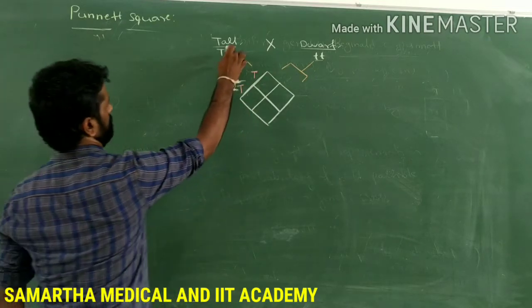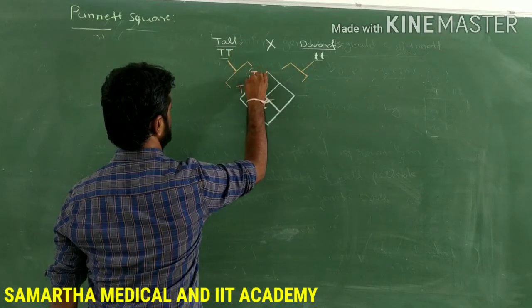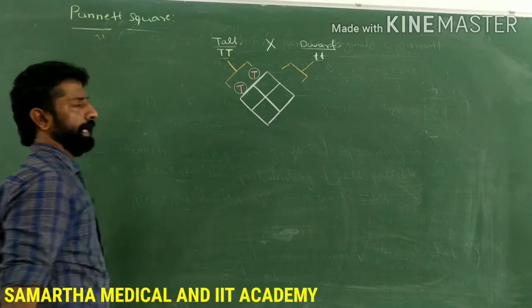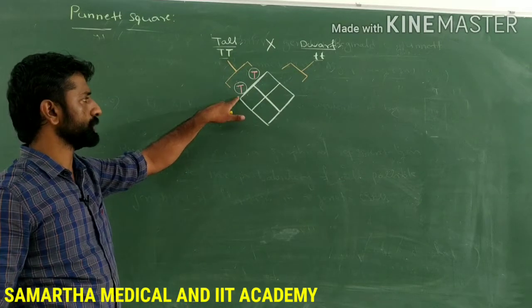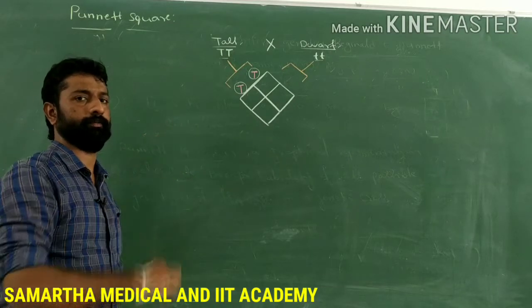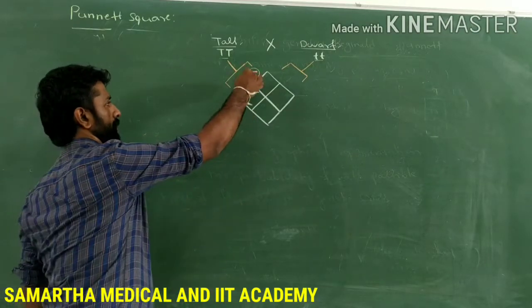Consider the tall plant as the female parent. The gametes produced will always be represented by circling them. A circle is always drawn around the gametes.